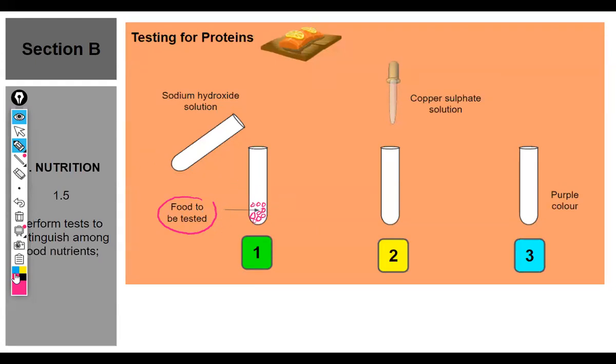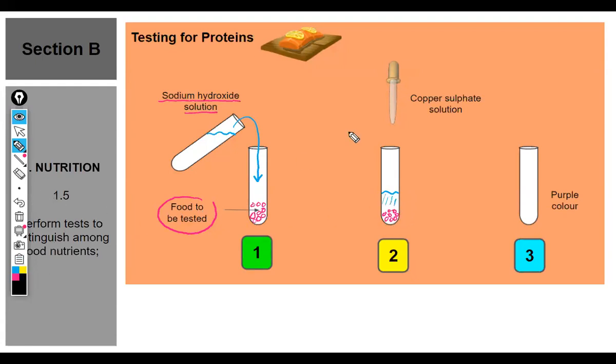Then you have to take this substance called sodium hydroxide. Sodium hydroxide is a special chemical, and it's a liquid. You're going to pour it in to mix with the food being tested. Then let's draw the beef here, mixed with the sodium hydroxide.